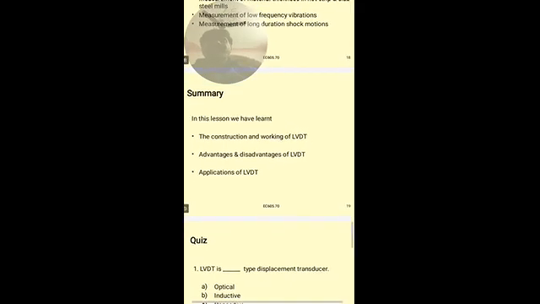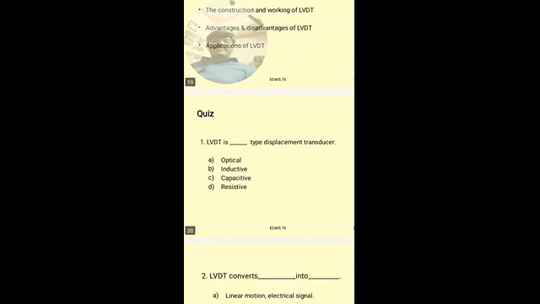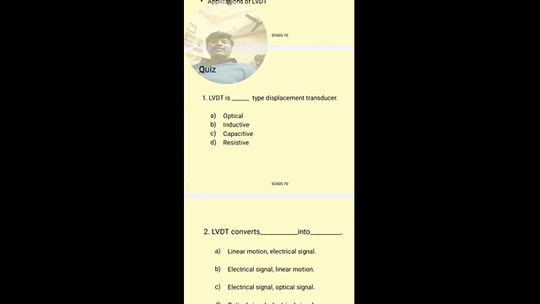Coming to the small quiz questions. LVDT converts dash into dash.